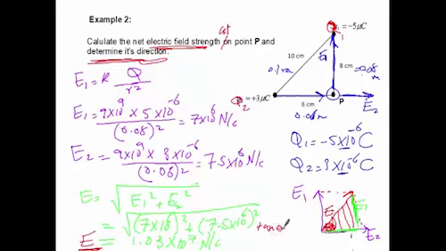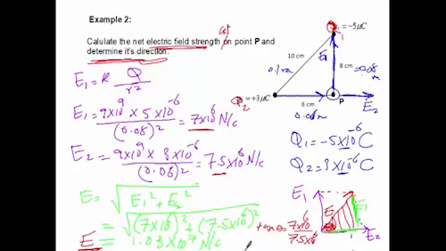Tan theta equals E1, the opposite side, which is 7 times 10 to the 6, over the adjacent side, E2, which is 7.5 times 10 to the 6.